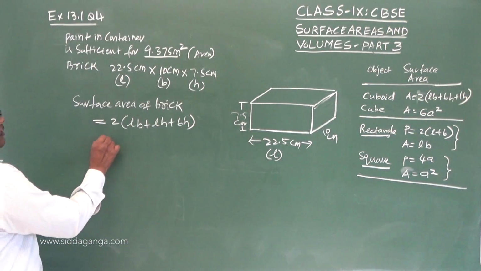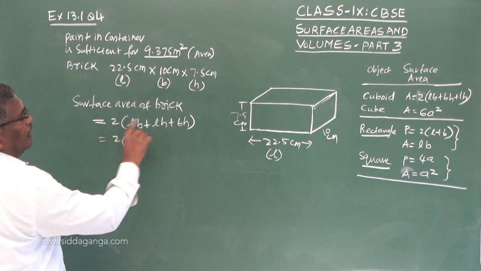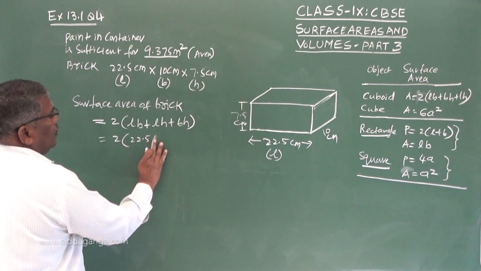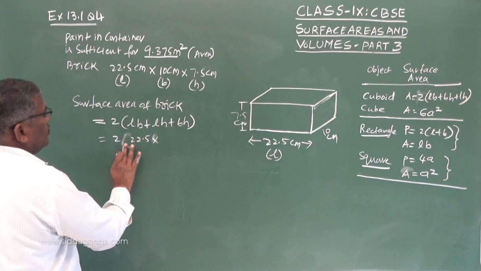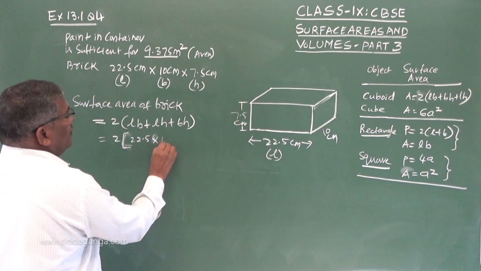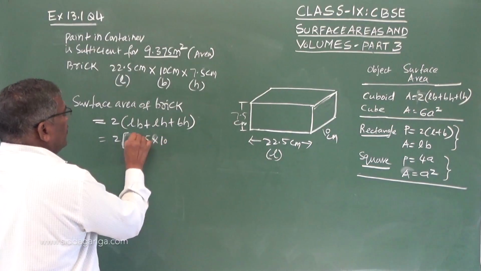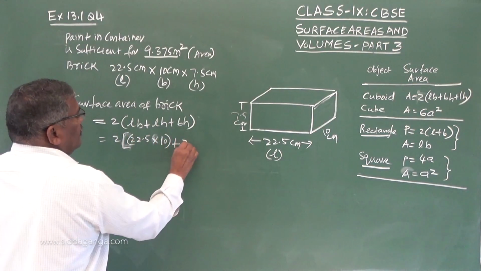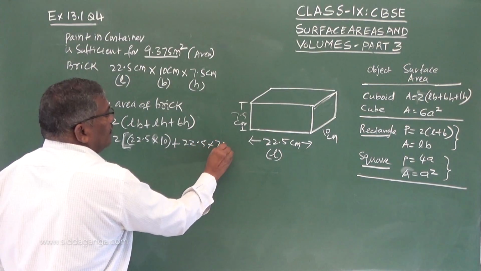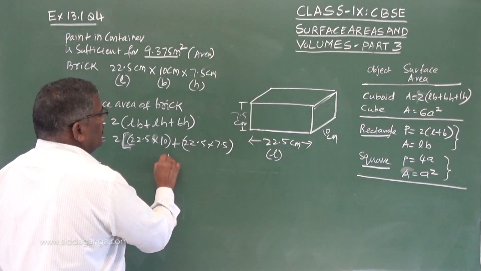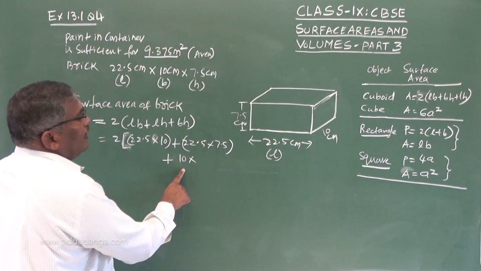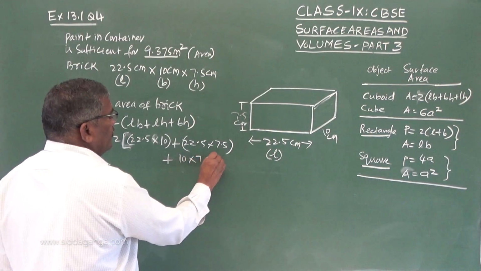Now this is 2 times, L is 22.5 into B is 10, plus 22.5 into H is 7.5, plus breadth 10 into H is 7.5.